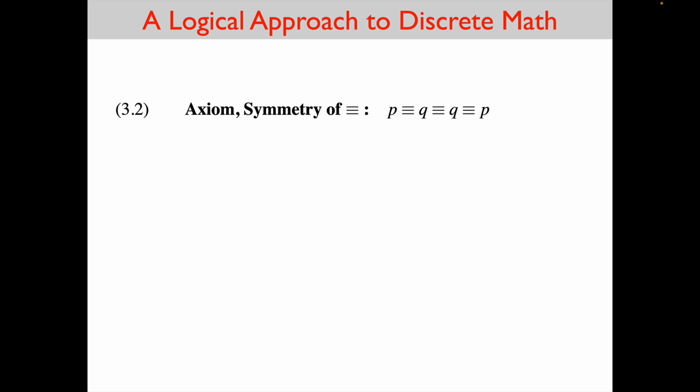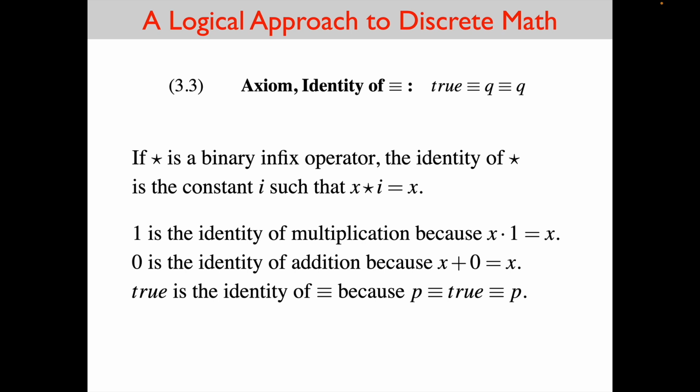If you have two Boolean variables or constants, then P equals Q is the same thing as Q equals P. In other words, you can swap them. So going back to our definition, 3.3 says that true equals Q, but it's possible for us to swap the true and the Q. So that would be Q equals true equals Q. And of course, what's true for Q is true for P.